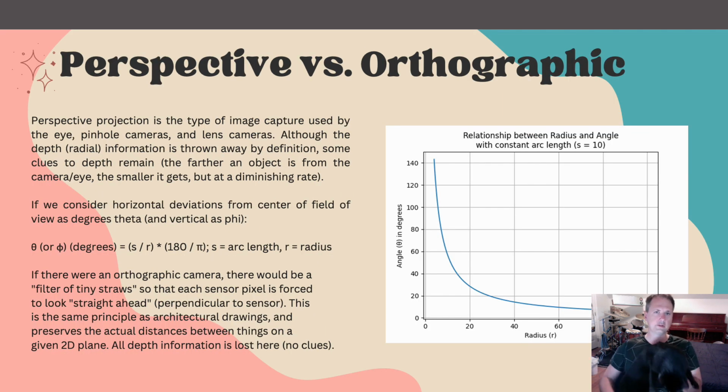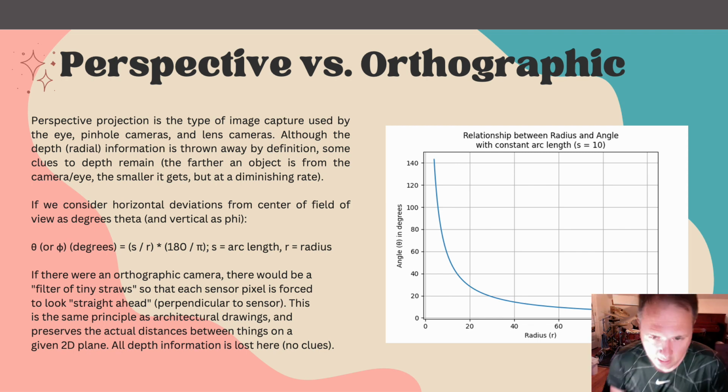So perspective versus orthographic. Anytime you're shooting with a camera or anytime images are coming into your eye, that's perspective images. And an example of orthographic would be like if you had a set of blueprints and it's a bird's eye view of the layout and all the lines are exactly accurate. So perspective and orthographic.